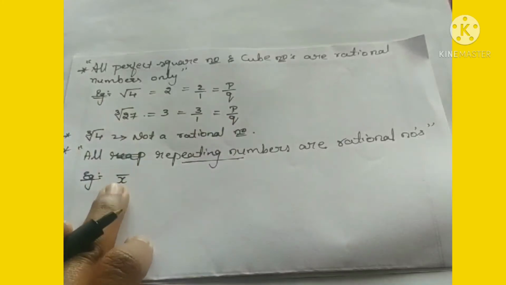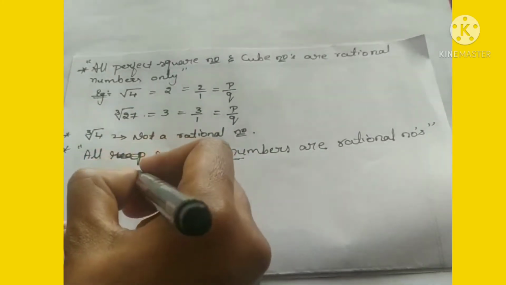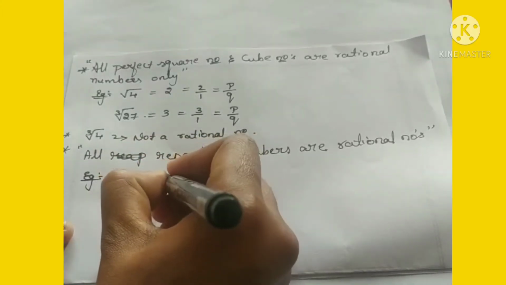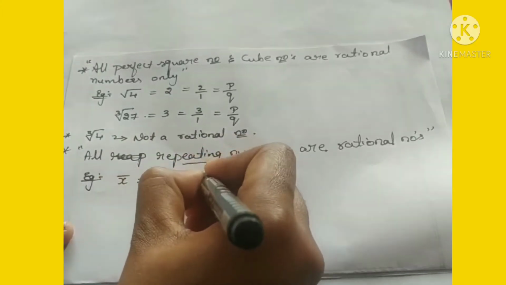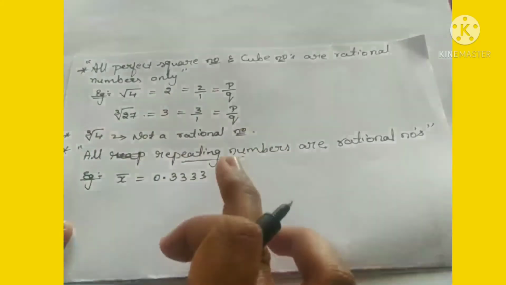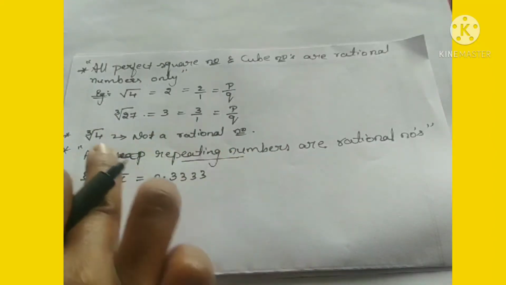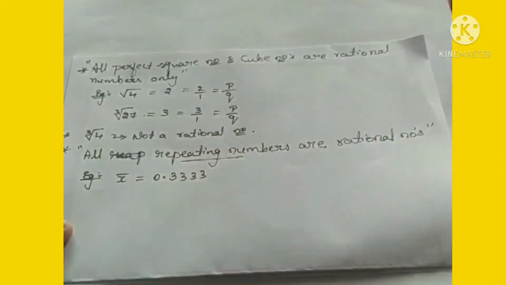X bar means it is the symbol of the repeating number. X bar is equal to 0.3333. Here after the decimal point the number is repeating, like 333. So we call this a rational number because all repeating numbers are rational numbers.